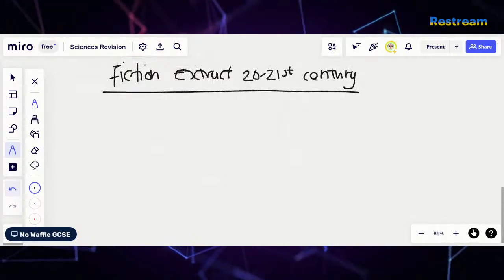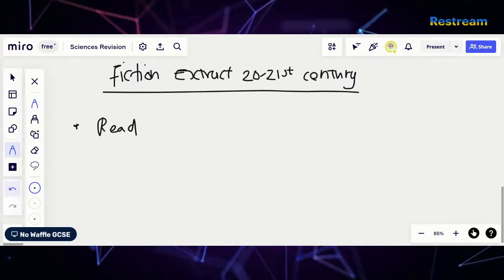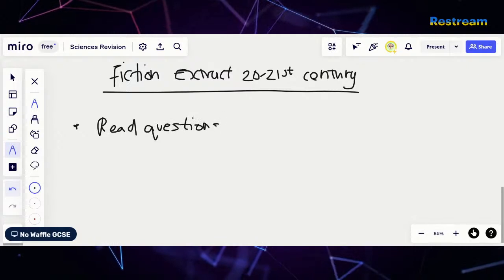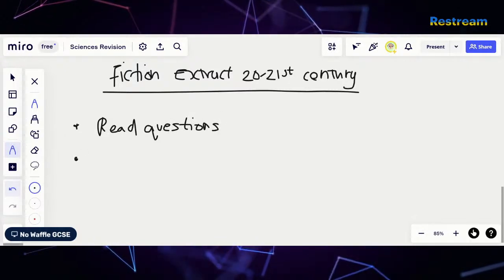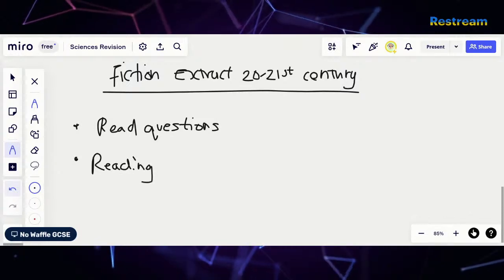I think what you should do is, step 1, read the questions, because this is what I did. So read the questions first. Then see which ones you can answer by reading the beginning of the source.